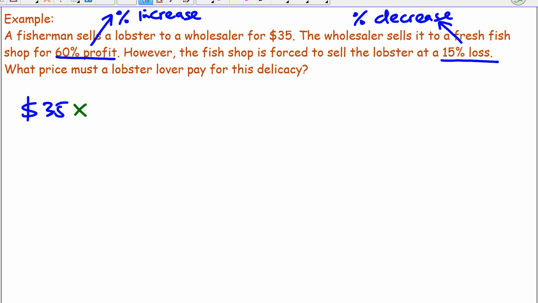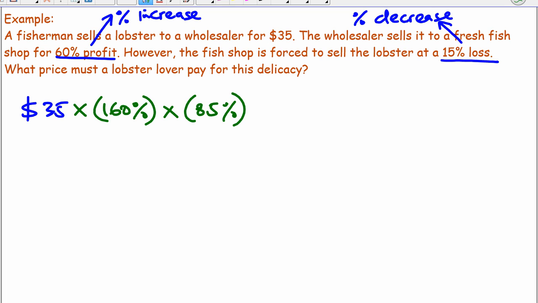So it means that the price will go up. So that will be 60% added to 100%, which is 160%. And then the fish shop is forced to sell the lobster at 15% loss. So that means we take off 15% from 100%, which will be 85%.